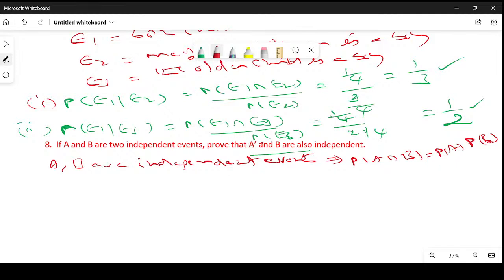But they are asking, since these are independent, you can consider P of A complement intersection B. I am going to explain this.